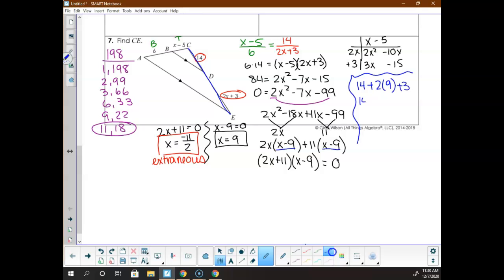So 14 plus 18 plus 3. Is that like 31? No. 35? What do we think about that one? Are we okay?